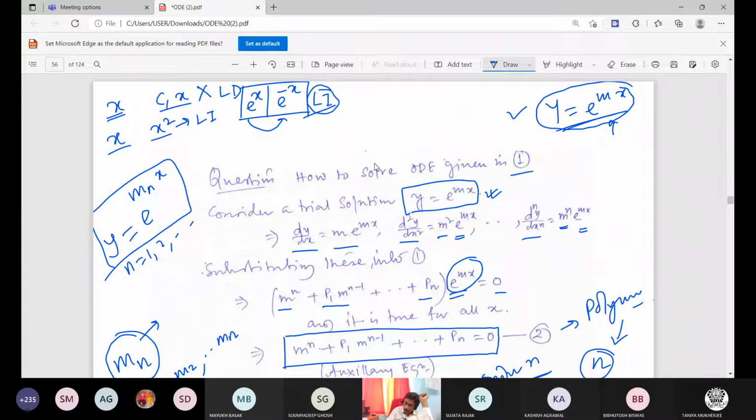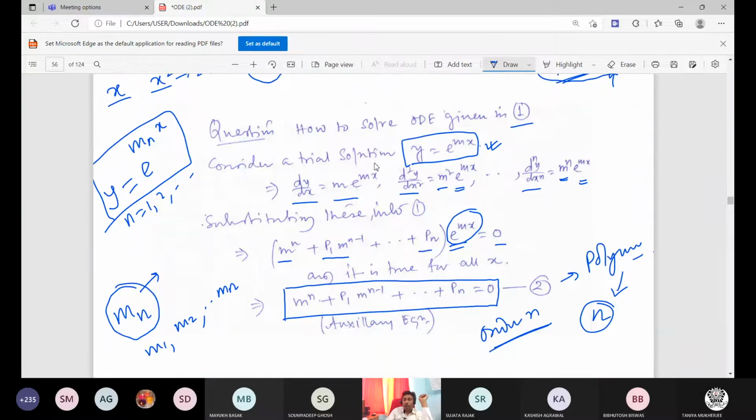And with the help of this trial solution, you can form an algebraic equation, or rather a polynomial equation, that is given in equation 2. This equation is termed the auxiliary equation.